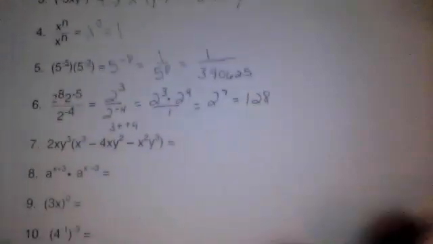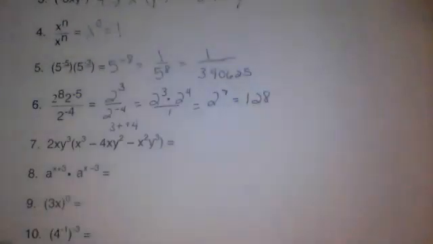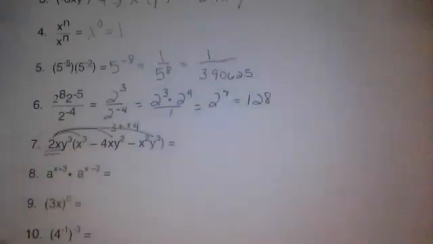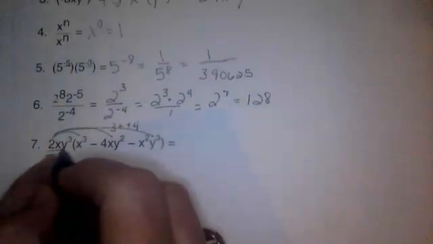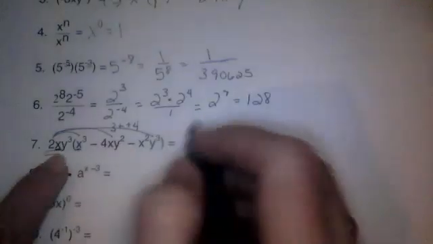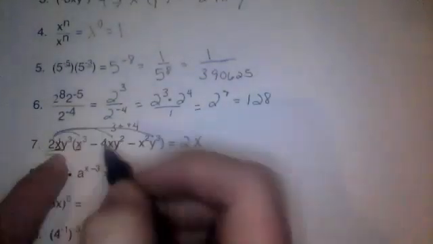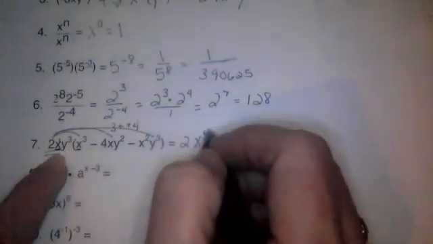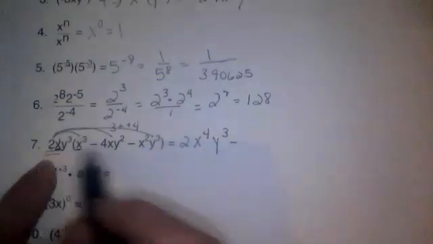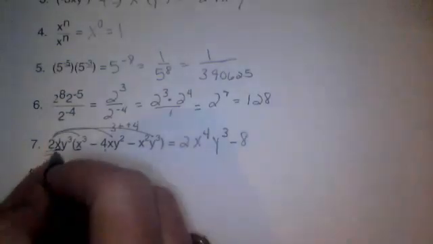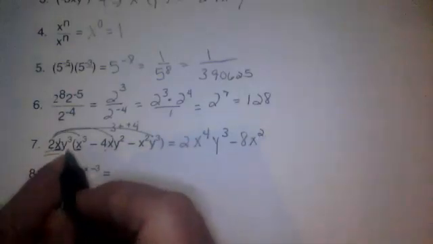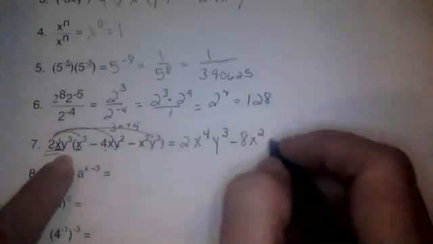All right. For this next one, I need to distribute. So that means I'm multiplying this thing times all of those. So 2x y to the third times x cubed, the only ones that are going to change are going to be the x's. I would get 2x to the, when you multiply, you add, so 1 plus 3 is 4th power, y to the third, minus, and then 2 times 4 would be 8, and then x to the first times x to the first would be x to the second, and y to the third times y to the second would be y to the fifth.